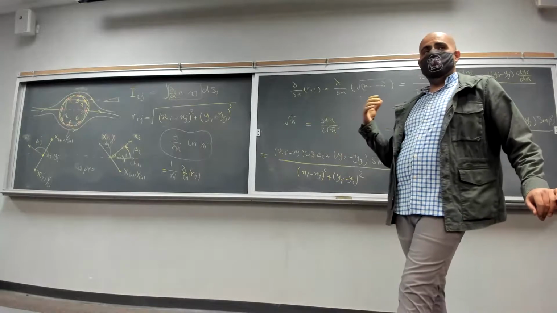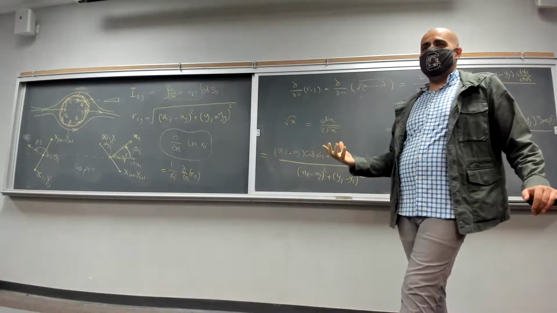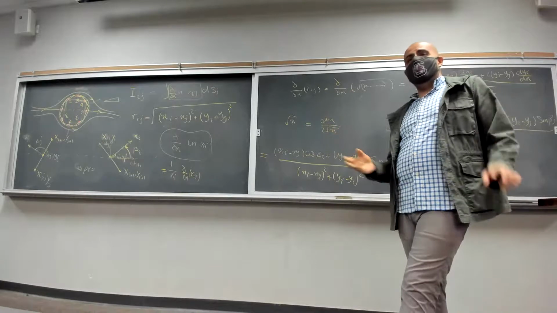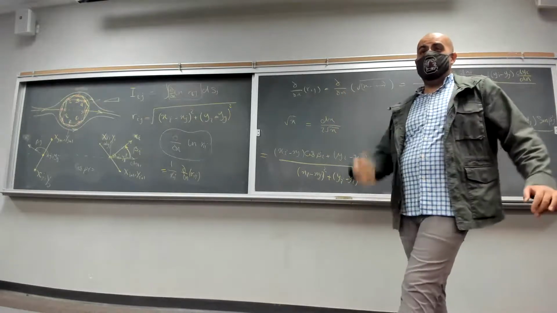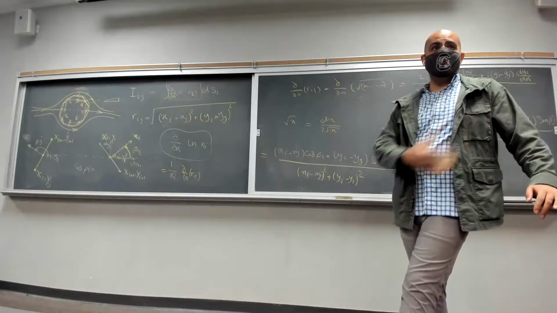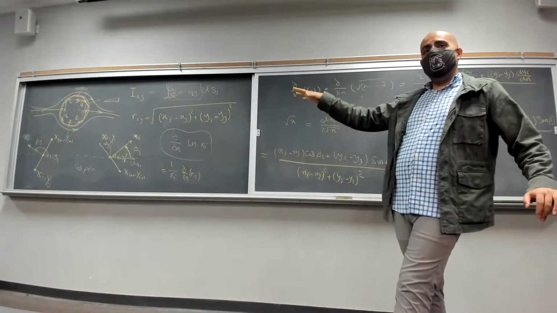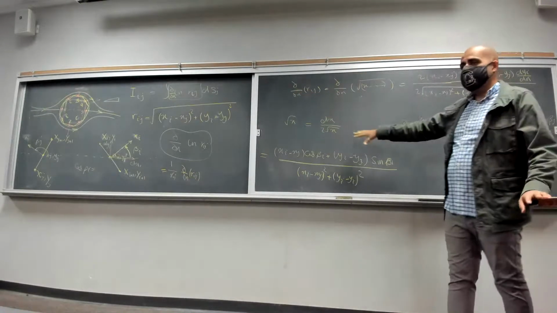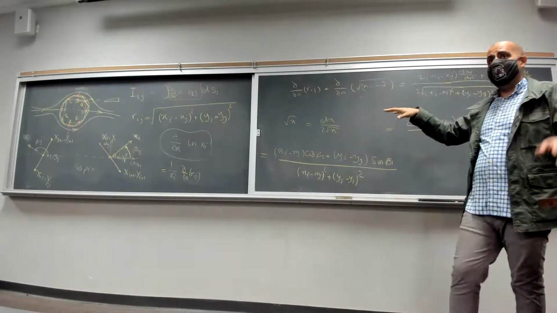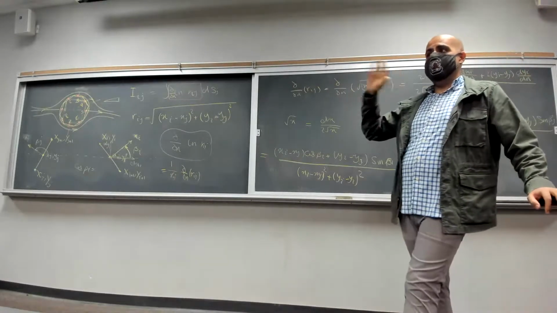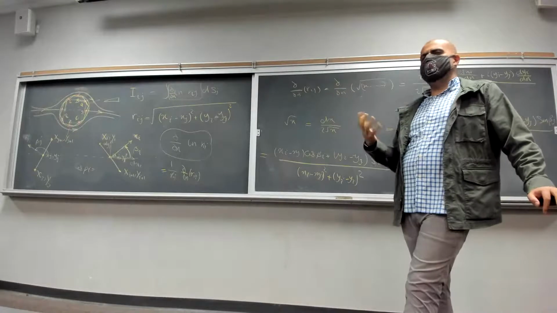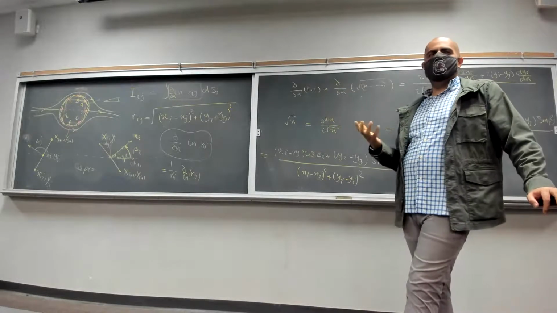The reason you need to understand this concept is that the other analytical theories we are going to develop in the rest of the course are going to be based not on panel theory per se, but on the integral method we introduced in the beginning of the class. So you have to understand why this is important, what is the velocity induced at a point, or velocity potential induced at a point.